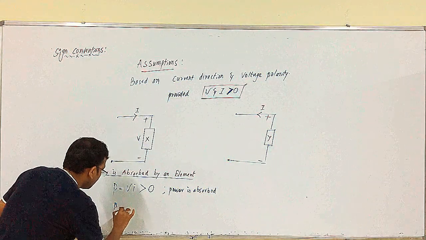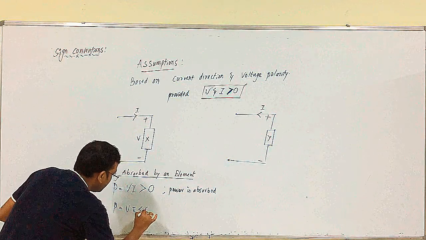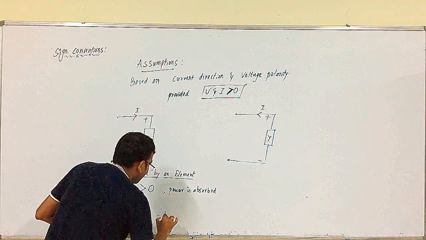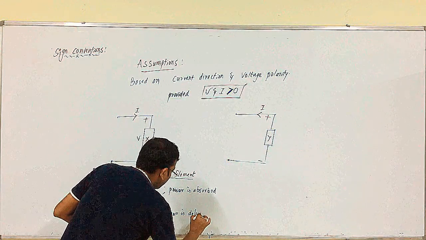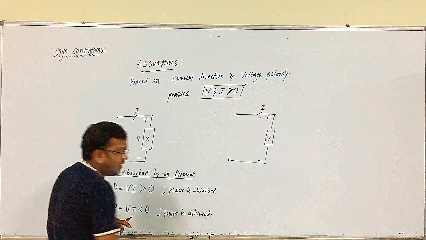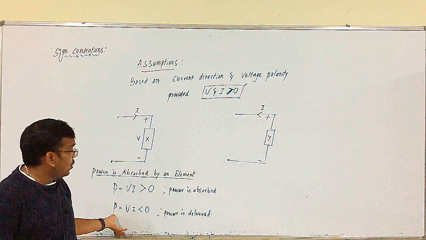If P is equal to V into I, you can write capital. If it is less than 0, therefore, power is delivered, right? These assumptions are very important in the numerical problems.